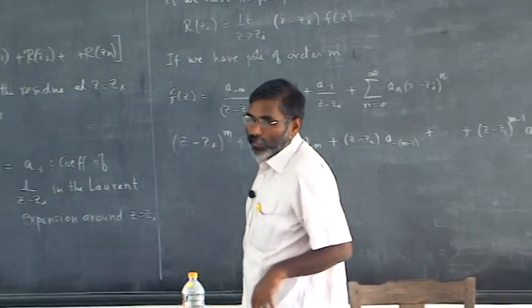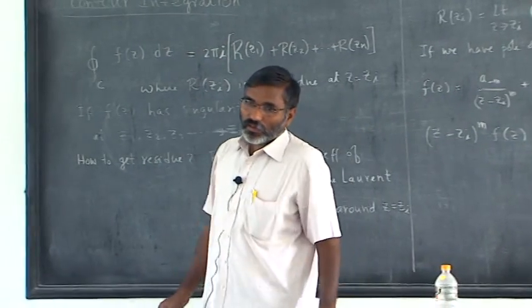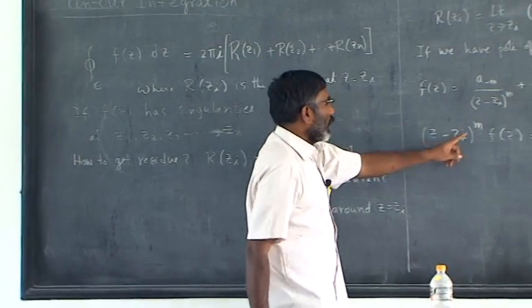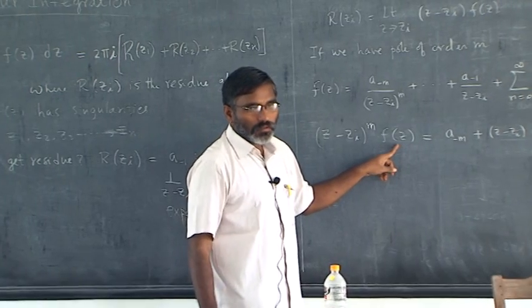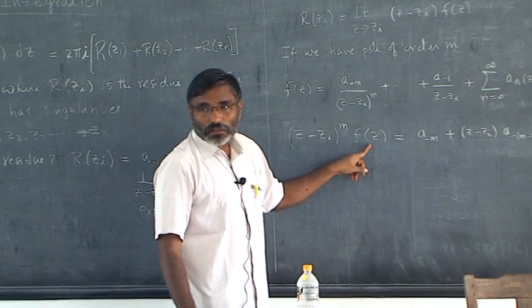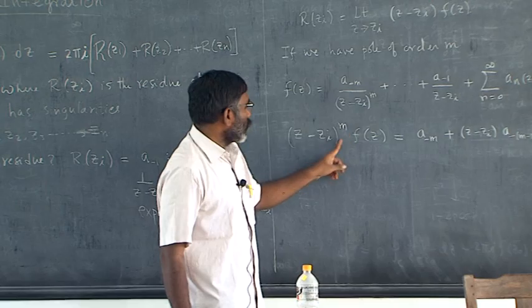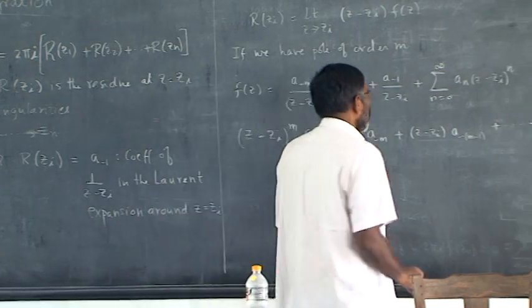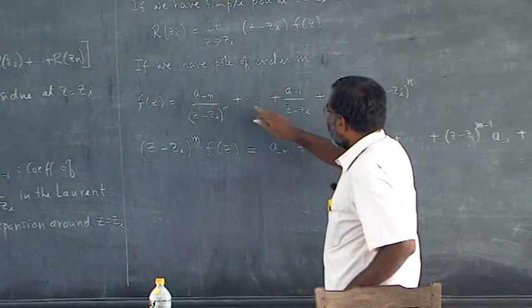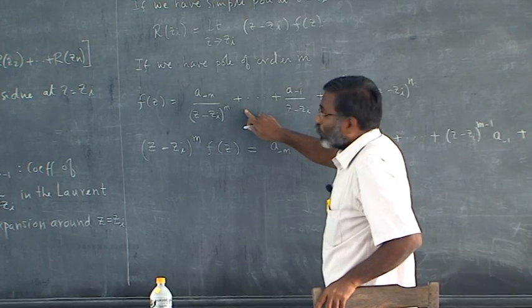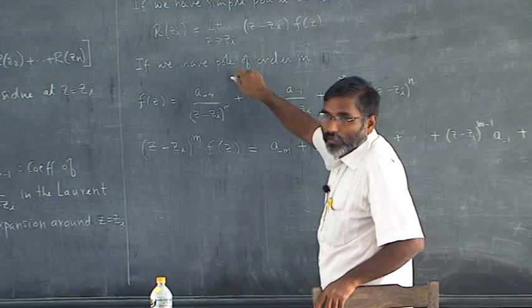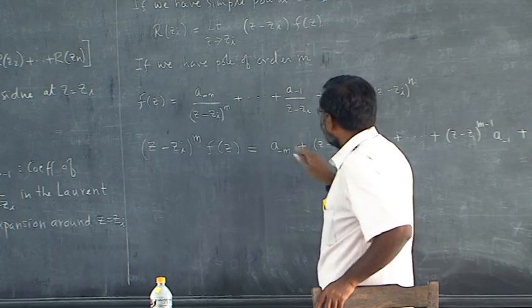Correct? If I multiply this with z minus zi to the power m, I have this. Yeah? Second one, z minus zi whole square. Second term, the denominator will be m minus 1. So one term will be there. Correct? So this is fine.